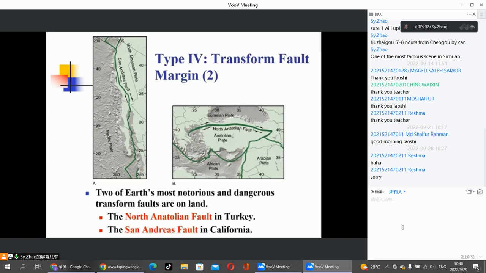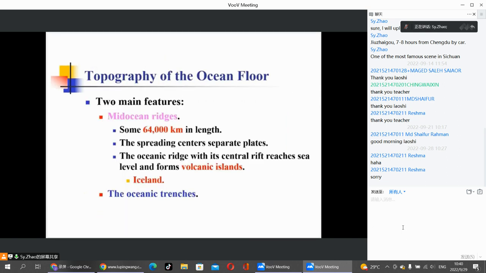And if you have an opportunity to go to America to take part in the AGU conference, like in San Francisco, maybe you can rent a car and drive there and see the fault, which has an offset of the road. Yeah, it's a very amazing fault you can observe on Earth.